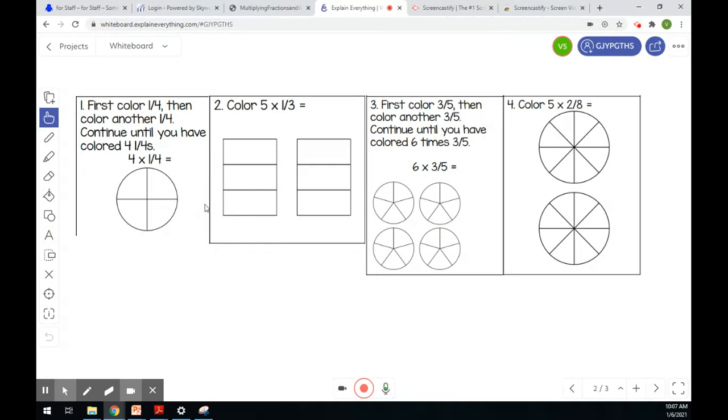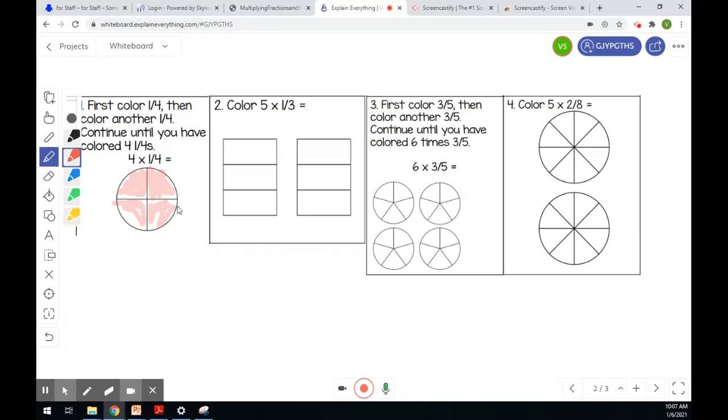So the week before Christmas break, I made you guys practice. So for example, 4 times 1/4, I'm going to draw 1/4 4 times. If this sounds like repeated addition, it's because it is. So I'm going to draw right here. Here is 1, 2, 3, 4.